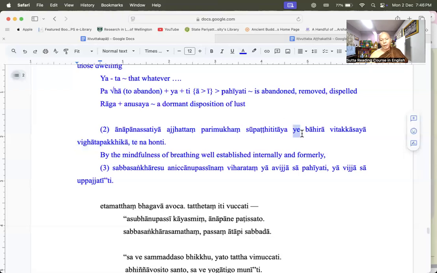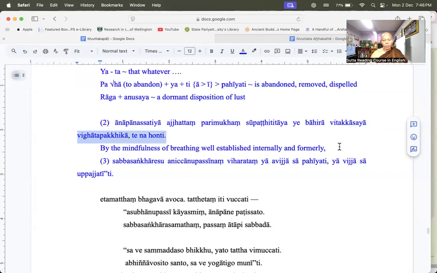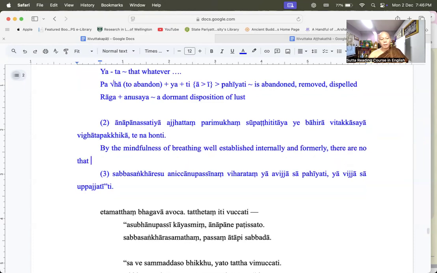Here also ye and d are connected, similar to the ye in the previous line, but here it is plural.